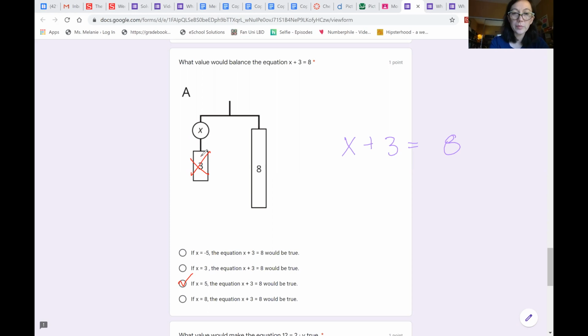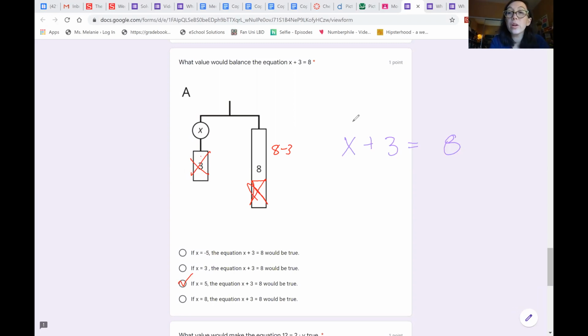It would get lighter, right? It would suddenly go like this, and the big 8 would weigh it down. So what we have to do is take away 3 from this side also and do 8 minus 3. So that would give us 5.